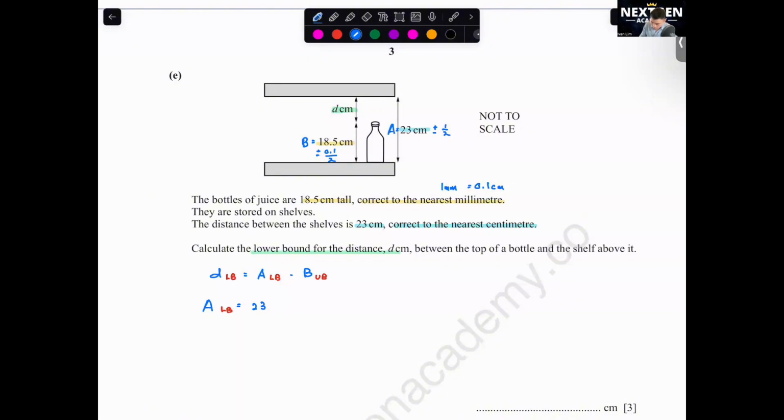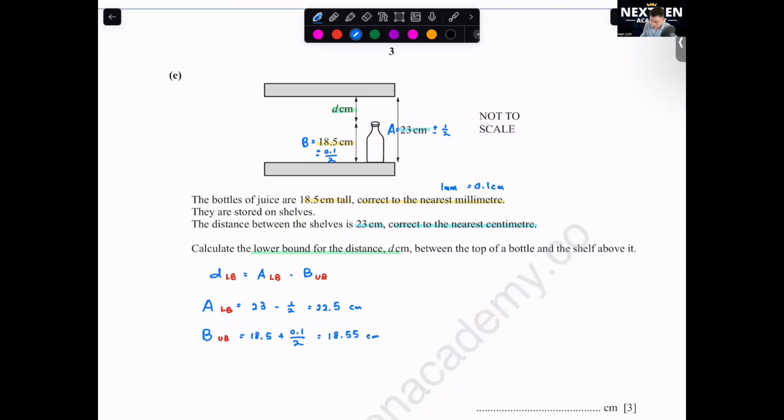Lower bound will be equal to 23 minus 1 over 2, which is equal to 22.5. B, I want to find what is the upper bound. Upper bound will be 18.5 plus 0.1 over 2, or 0.05, which will be 18.55.